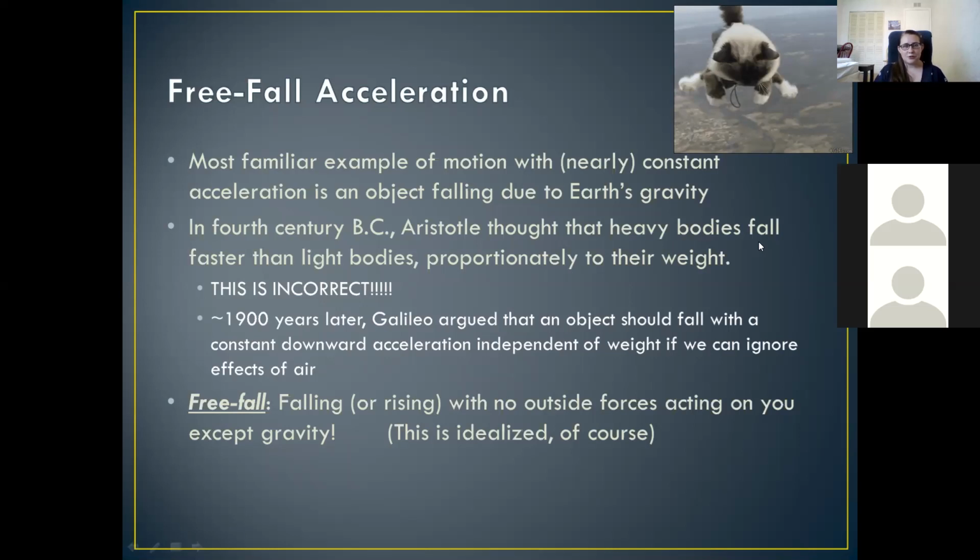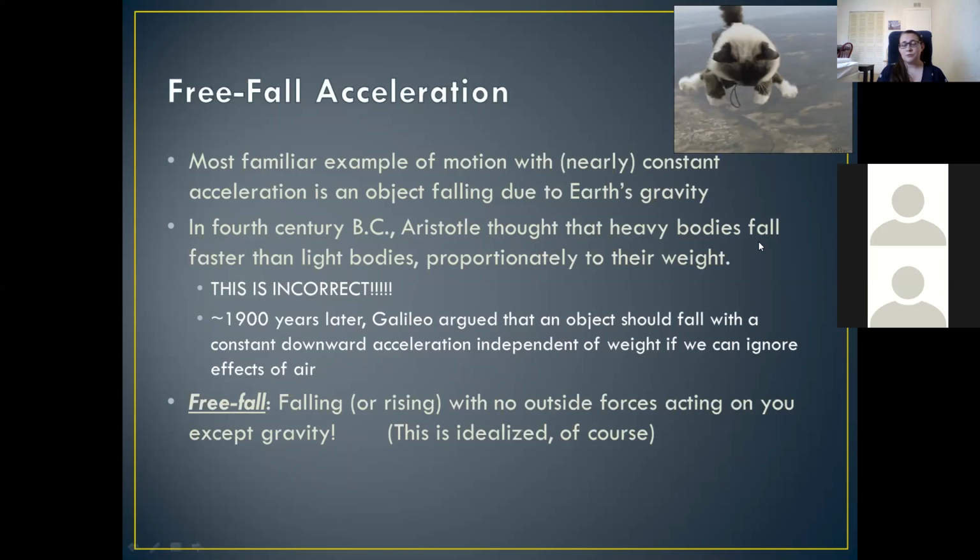So in the 4th century BC, Aristotle thought that heavy bodies fall faster than light bodies proportionately to their weight. That is incorrect, but it's actually one of the most common misconceptions that still stumps students today.